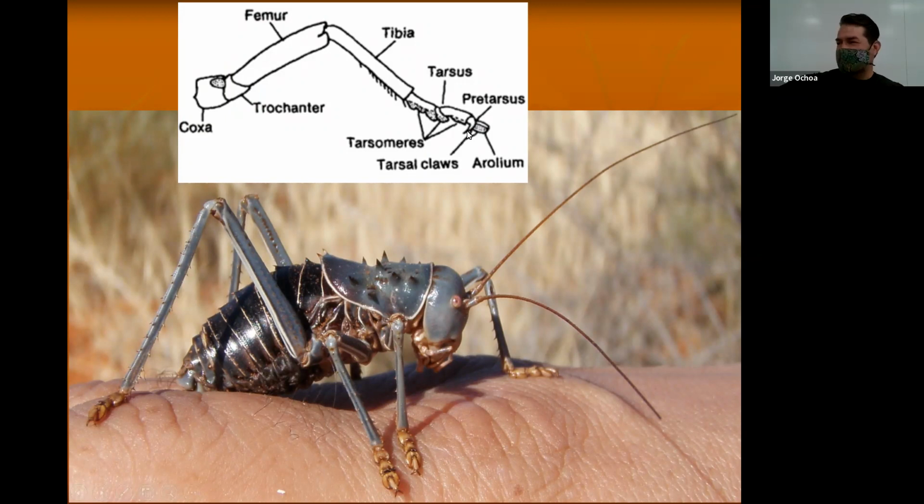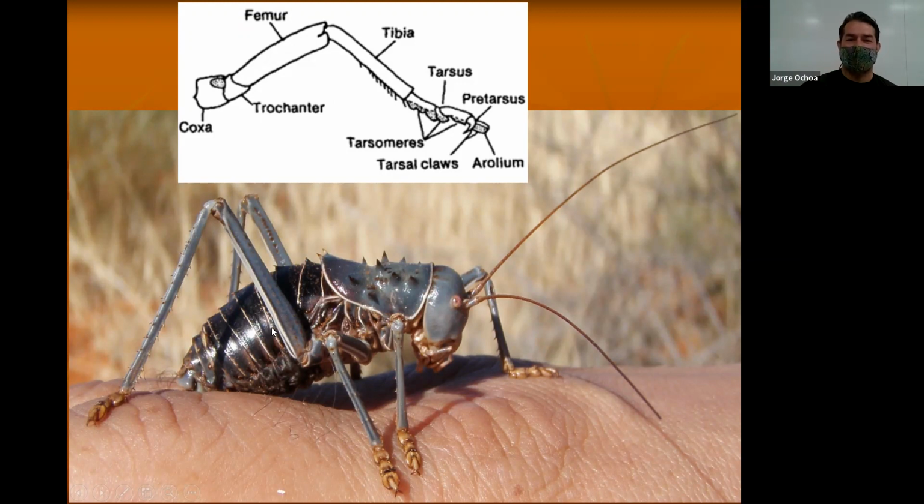So if you ever get an insect that lands on you, you're probably going to feel it. Or if you wonder why insects can climb the walls, it's because they have a claw small enough to fit in the grooves and crevices of the wall, and be able to climb. Or depending on the insect, this is a cricket, which is going to jump.